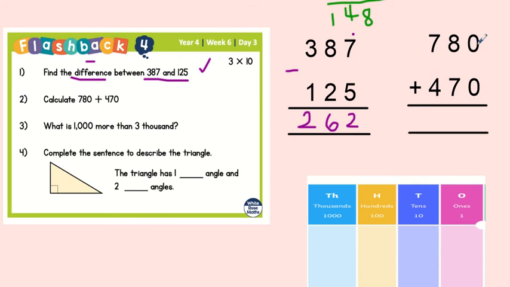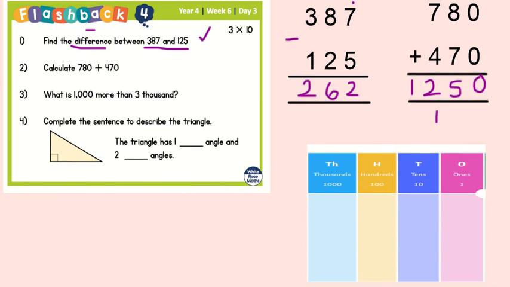So we can do this one together. 0 add 0 is 0. 8 add 7 is 15, and you'll notice I'm pausing, year 6, just to give you a chance to work out these with me as we go through. 7 add 4, add 1 is 12. Great job. 1,250.